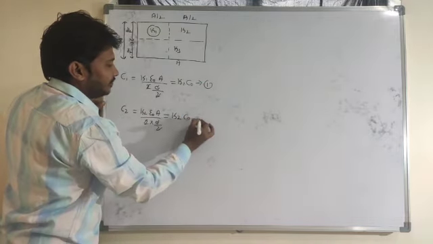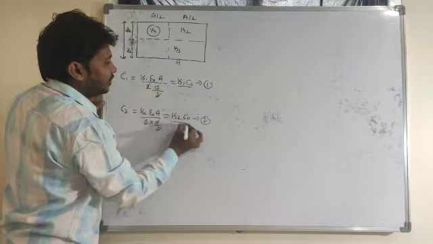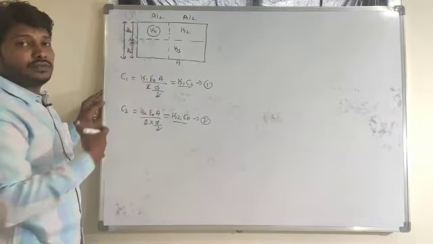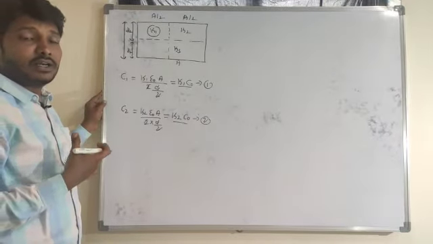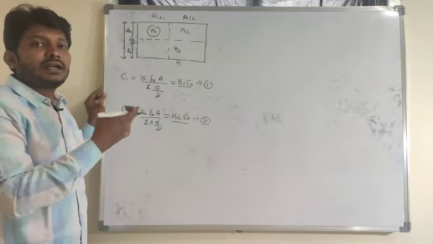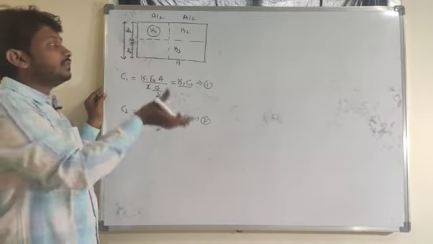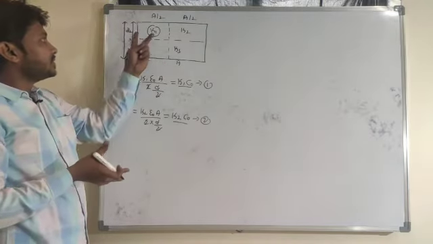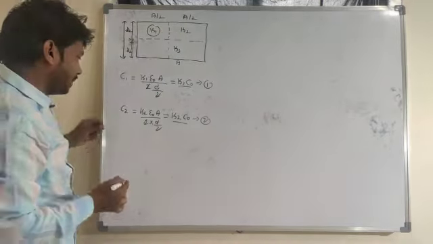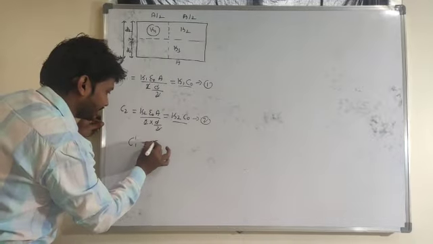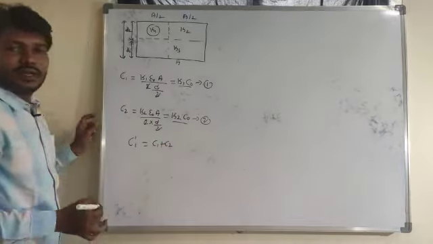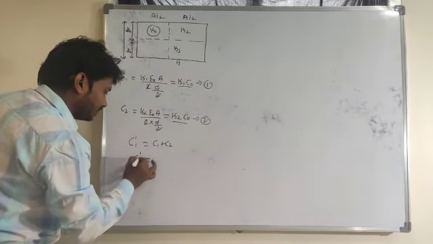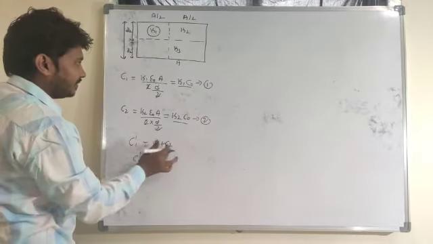Look at here, what is the nature of the combination between these two? In last videos we discussed the concept related to the effect of dielectric constant on capacitance when two different dielectric media are placed between the plates. So these two are in parallel combination. The effective capacitance is C1 plus C2, so C1 dash is equal to C1 plus C2.